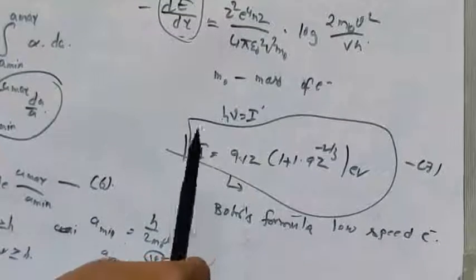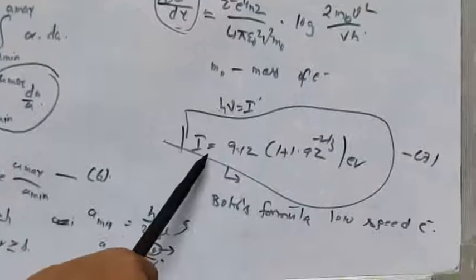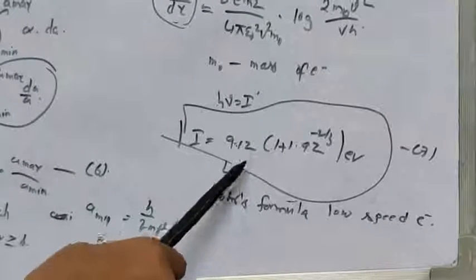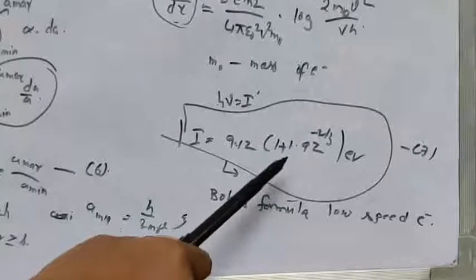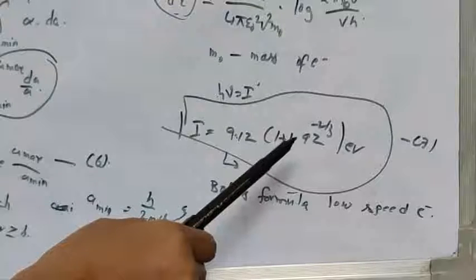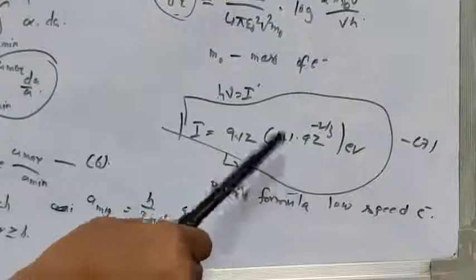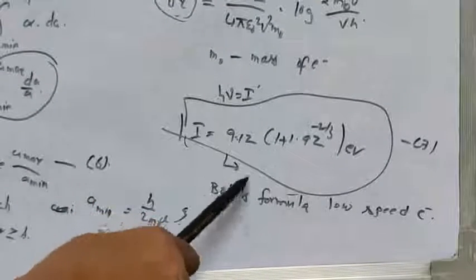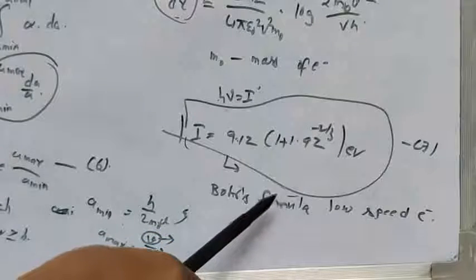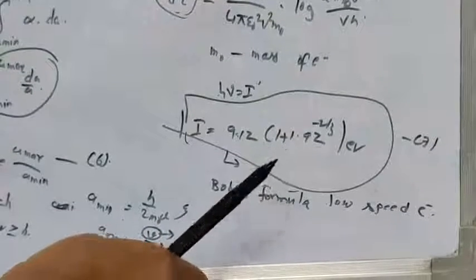The mean ionization potential is given by I is equal to 9.1 Z of 1 plus 1.9 Z to the power of minus 2 by 3 electron volt. This equation represents Bohr's formula for slow speed moving electrons.